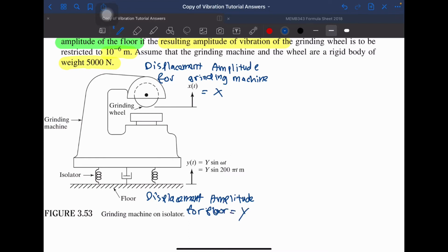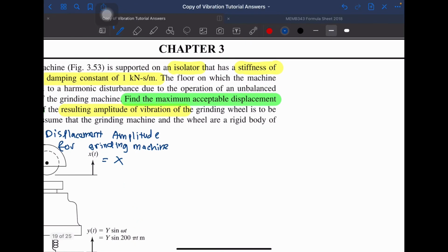If we take out all the values first, it will be easier. The K given is 1 meganewton per meter, that's the stiffness. And the damping constant is 1 kilonewton second per meter.